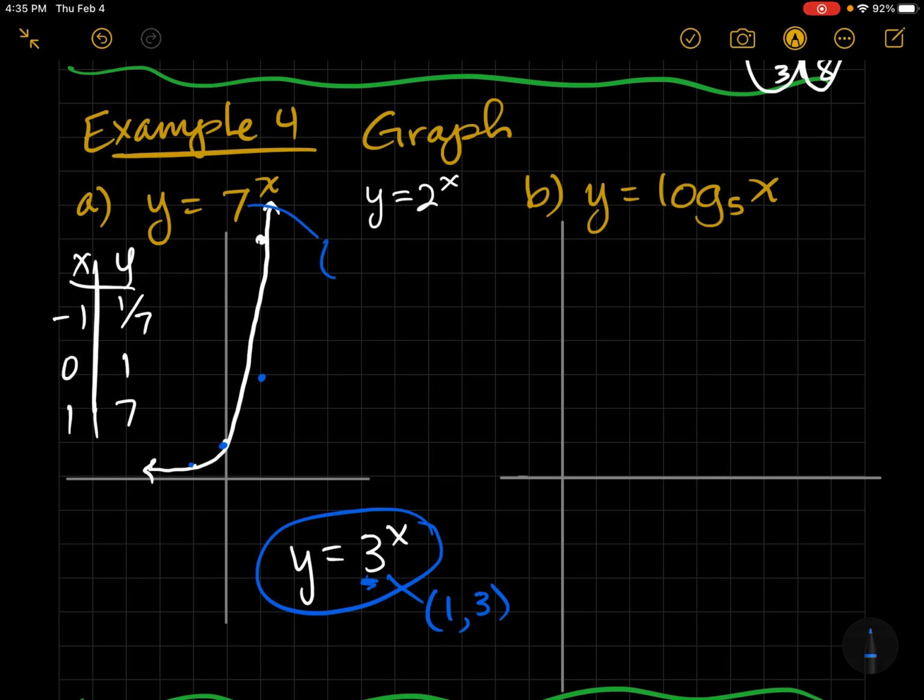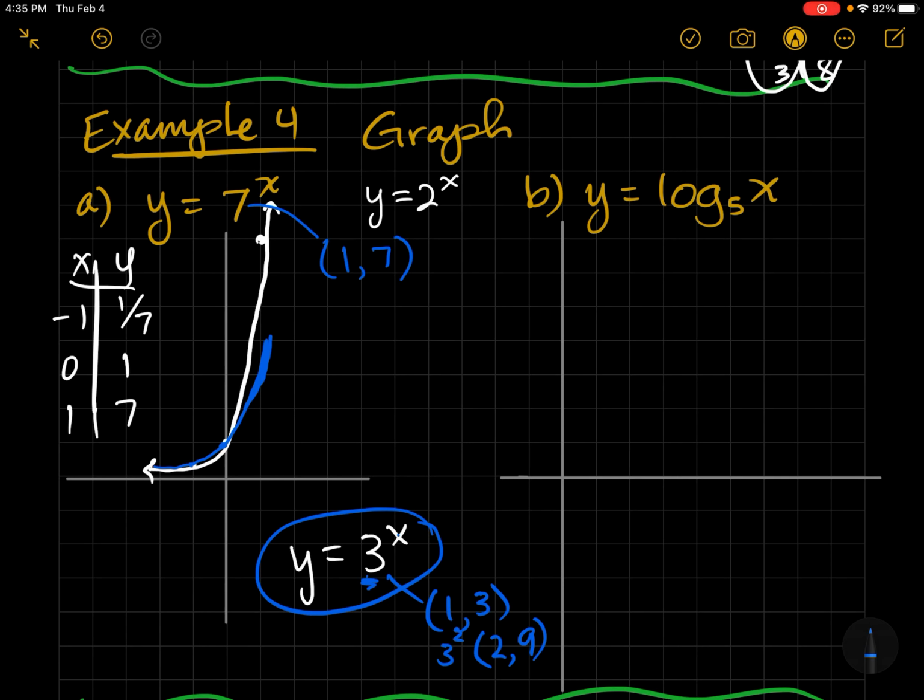This one, I knew I could just go to 1, 7. You're going to see that it's pretty easy. What would be my next point if I were graphing this one? Well, 3 to the second power is 9. So 2 would go to 9. I want you to start getting used to what's going on.